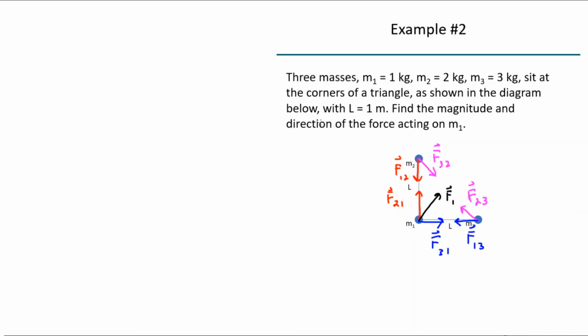And if we want to find the force on a particular mass, we just add up the other 2 forces acting on that mass. So in this case, we're just going to do this for M1. So first thing we have to do, F21. Well, let's first calculate the magnitude of this force. F21 is going to equal G times M1 times M2 divided by the distance between M1 and M2, which is L squared.